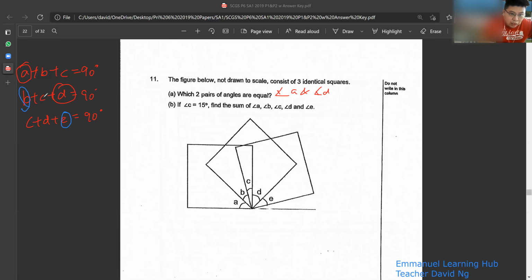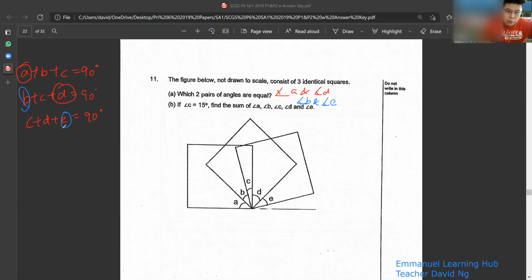B and E are also identical because C plus D, they are all 90. So B and E must also be identical. That is through logical deduction. They're not asking for the angle, they're asking for which two pairs are equal.